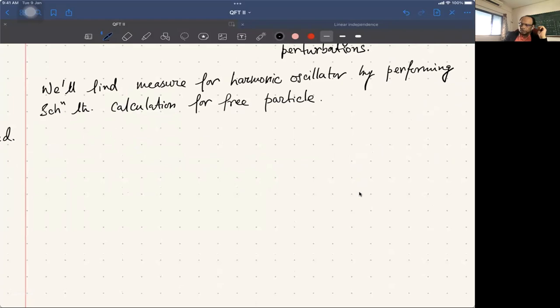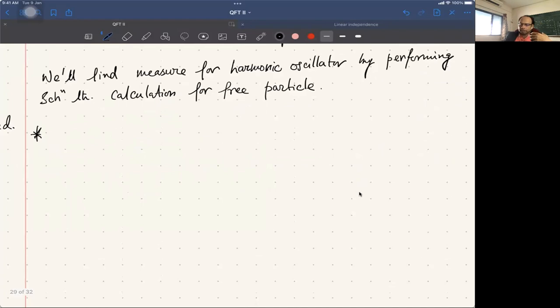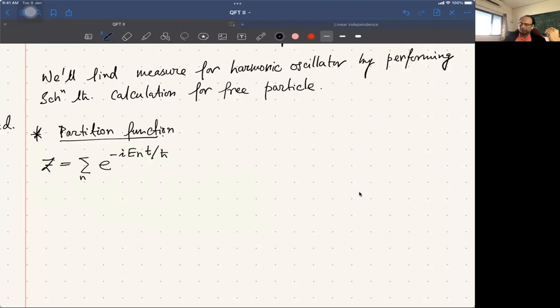But before proceeding to do that, let me give you a description of the partition function in terms of the path integral. So the partition function, which is given by, say, Z is equal to the sum over n of e to the power minus i E_n t over h bar, is nothing but the trace of the operator e to the power minus i over h bar H t.